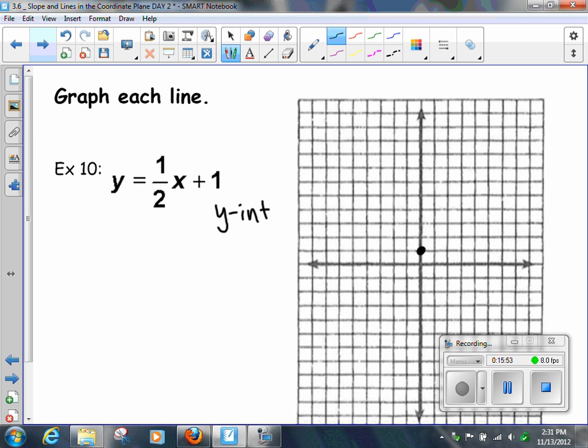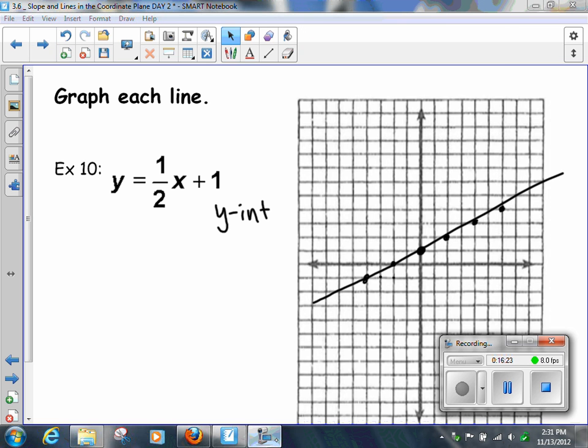The slope is 1/2, which means go up 1, right 2. Up 1, right 2. It also means go down 1, left 2. Down 1, left 2. Very, very good. And my line will be perfect. If I don't think about it, it's always straight. If I try to make it straight, it's never straight. Okay?